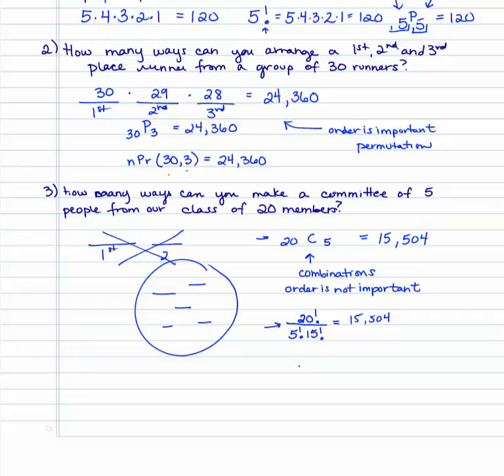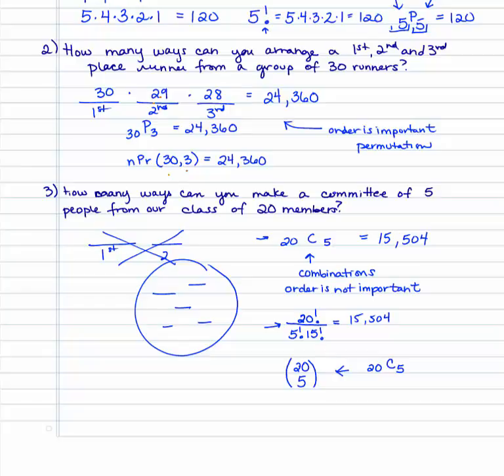Your book doesn't use either one of these methods. Your book uses what almost looks like a fraction, and it will say 20 over 5. And what your book means is not 20 divided by 5, which is 4. It doesn't mean this is a fraction. It means you have 20 items to pick from, and you're choosing 5 of them.